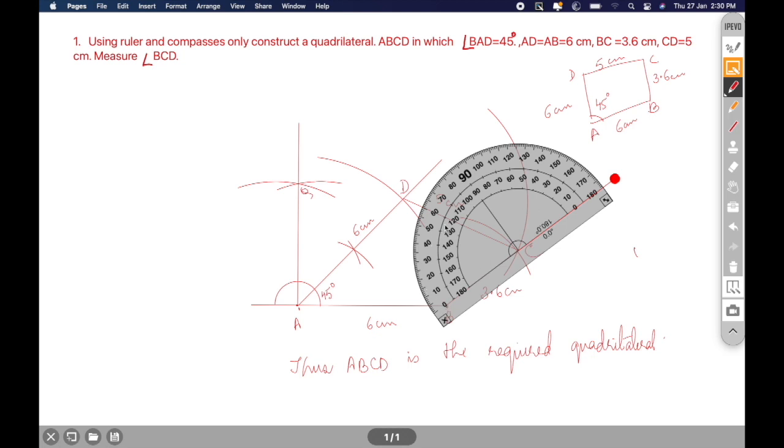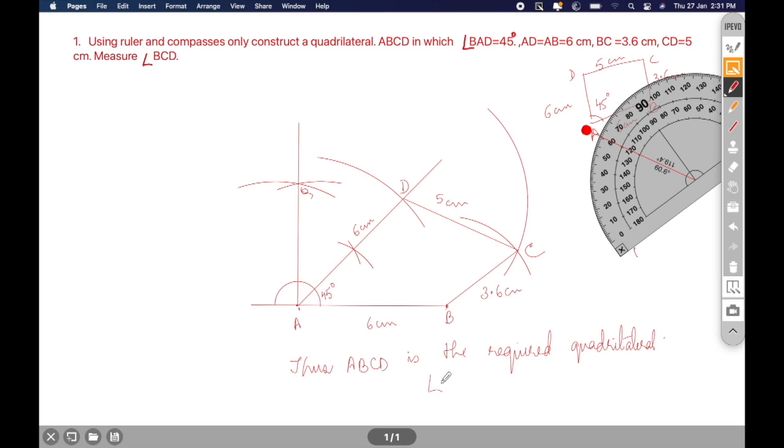So when we start measuring, please look at this red line. This coincides, this is collinear with DC, you can see, and we see that angle BCD has come out to be 60 degrees. Angle BCD equals 60 degrees.